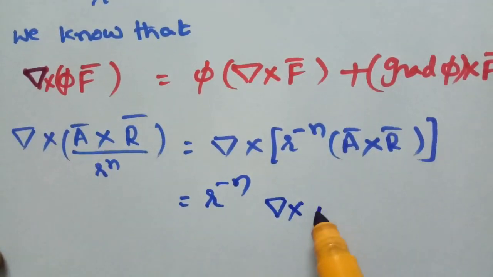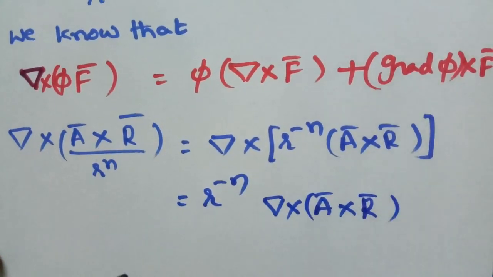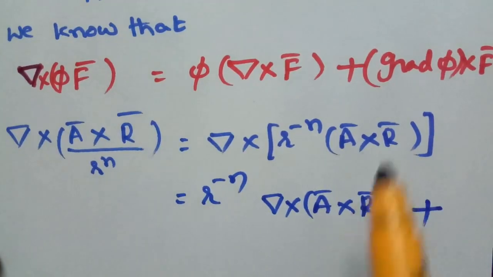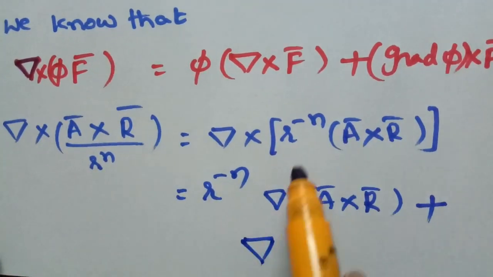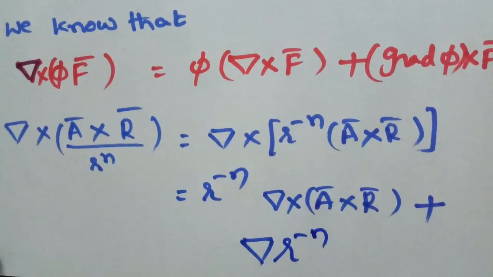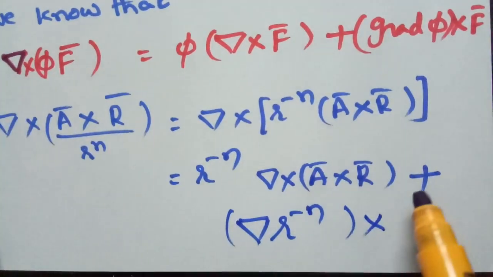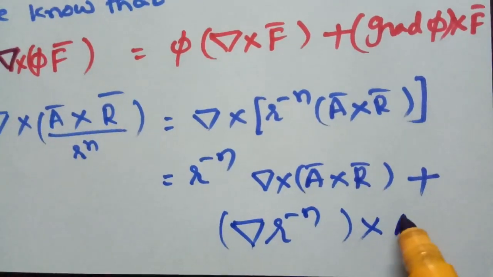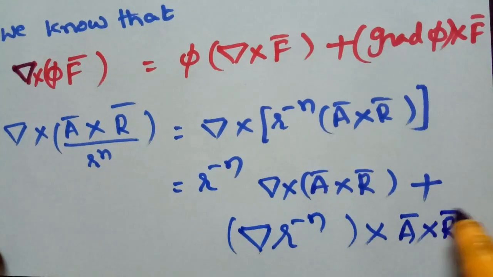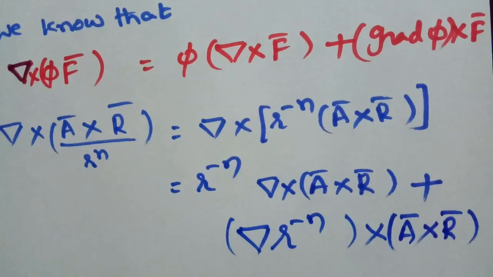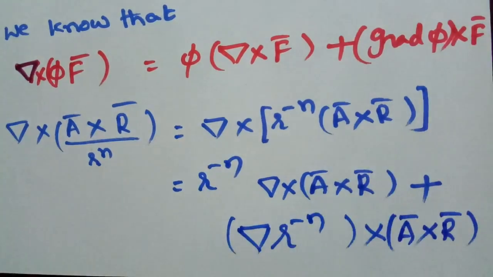Del cross f bar is del cross a bar cross r bar, plus grad phi, that means del of phi, del of r power minus n, cross f bar, that is a bar cross r bar. By using the above formula, we expand this.